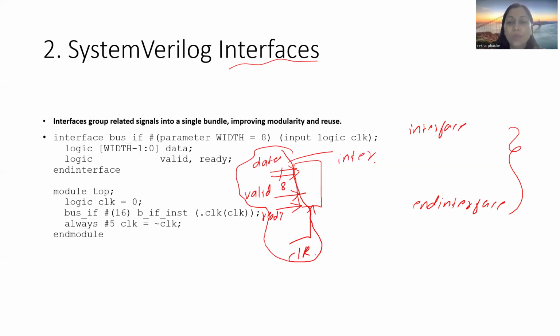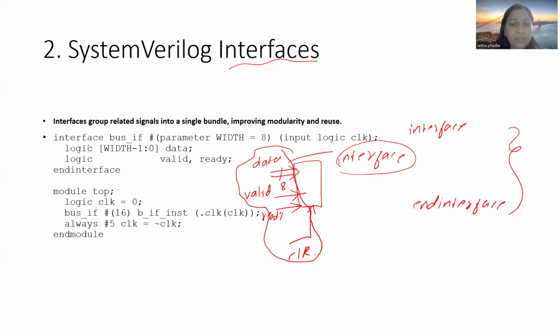So whenever I want all these signals in my module, in my program, I just call this interface with the name bus_if. Whenever I call this bus_if, I'll have in my module the entire bundle containing 8 bits of data, 1 bit of valid, and 1 bit of ready. In this way, I can achieve reusability and modularity.